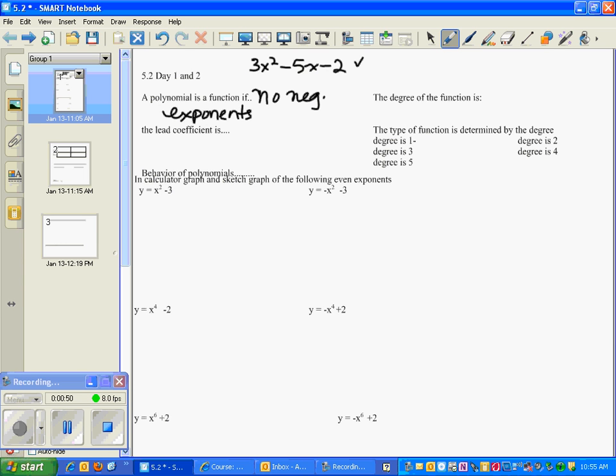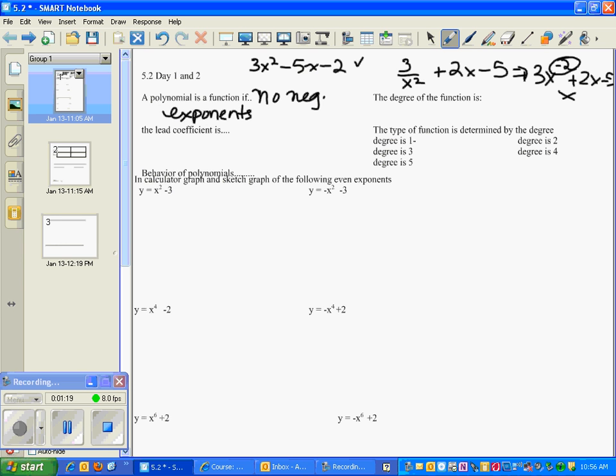If I give you 3 over x squared plus 2x minus 5, are all the exponents positive in this case? Which one's not going to be positive? The x squared, because what this is really saying is 3x to the negative second plus 2x minus 5.